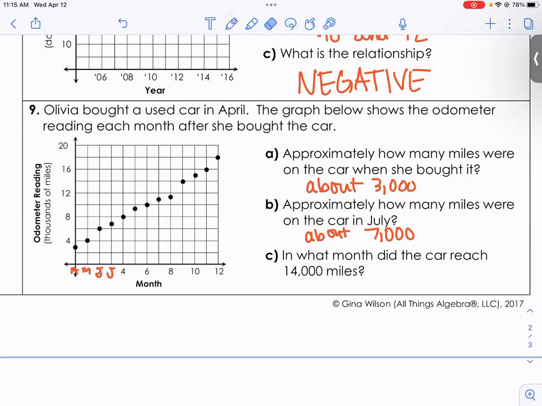In what month did the car reach 14,000 miles? Well, here's 14 right here. Wait, when did you buy it? Our 0 is April, because we started in April.